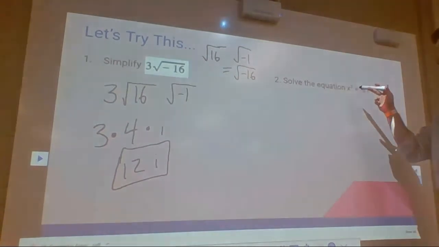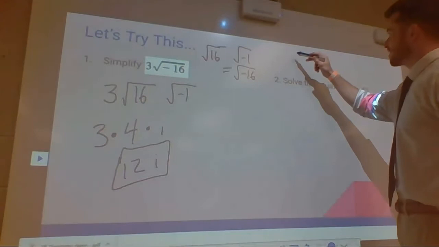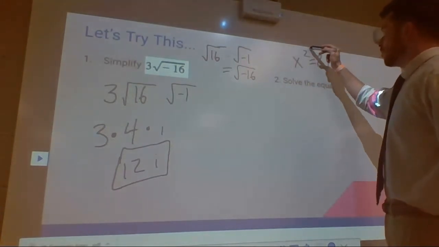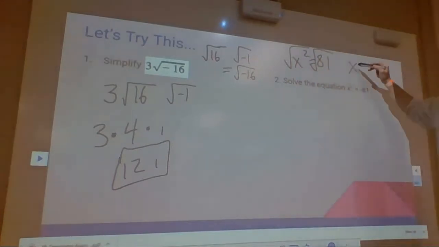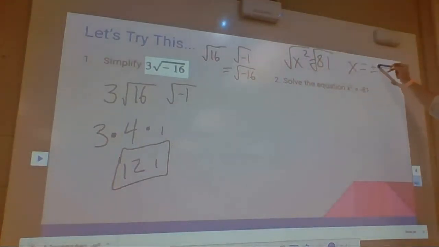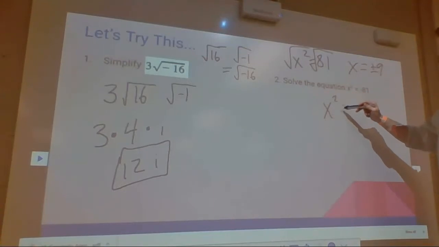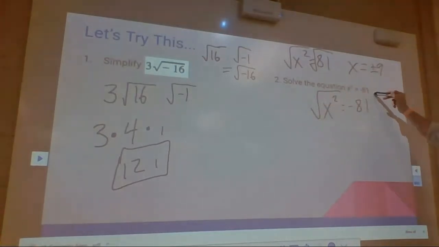It says to solve the equation x squared equals -81. Well, let's say it was x squared equals +81. We would just square root both sides and we get x equals positive or negative 9. Since we have x squared equals -81, we're still going to square root both sides.